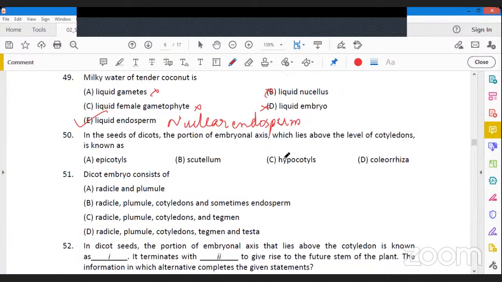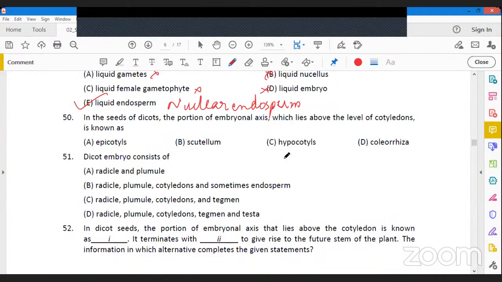Done. So next, in seeds of dicots, the portion of embryonal axis which lies above the level of cotyledons is known as... So they are asking what is the upper part of the embryonal axis.